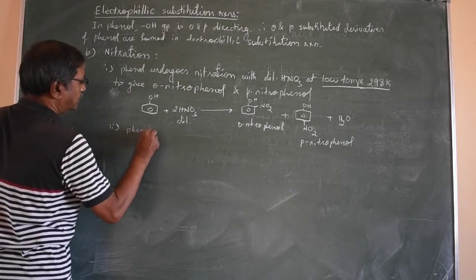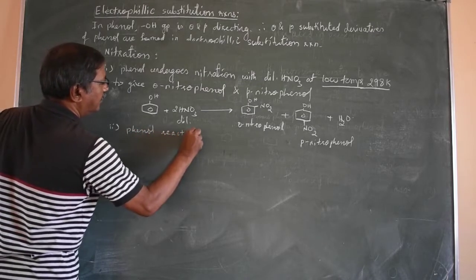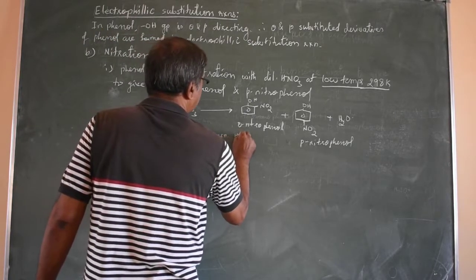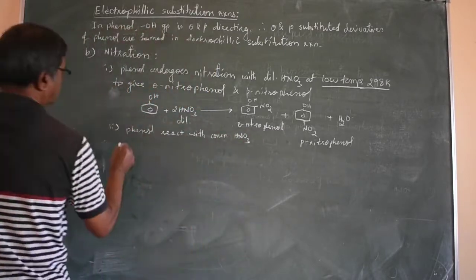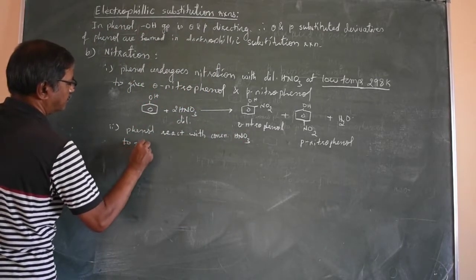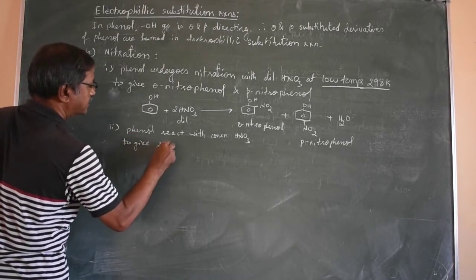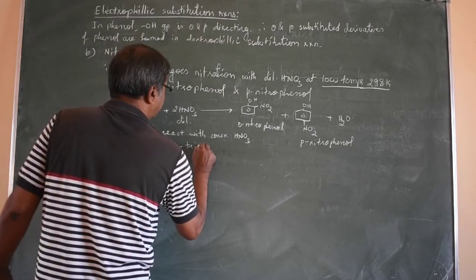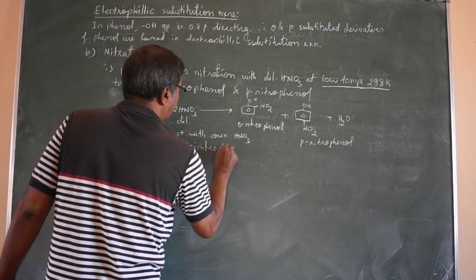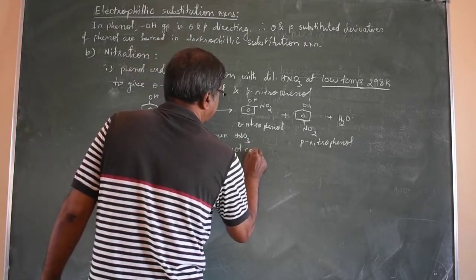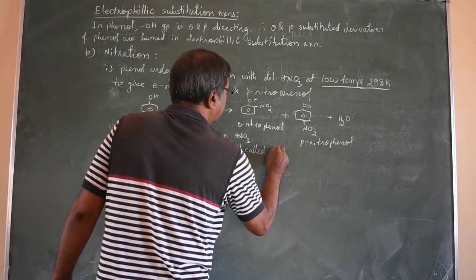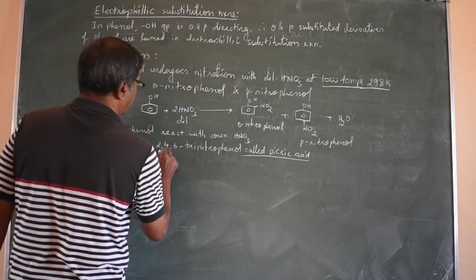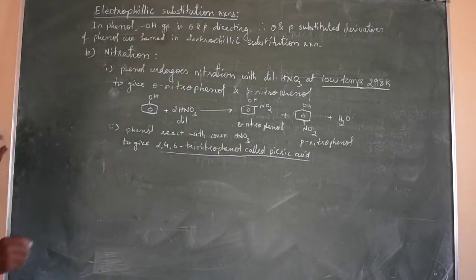Second one: phenol reacts with concentrated HNO3 to give 2,4,6-trinitrophenol, called picric acid. 2,4,6-trinitrophenol or picric acid.